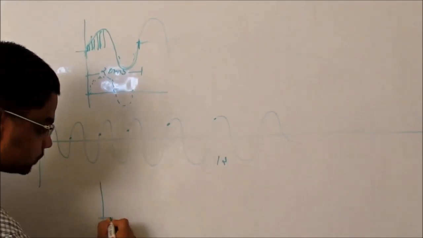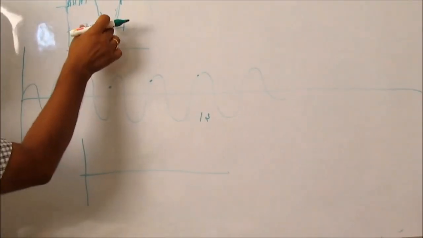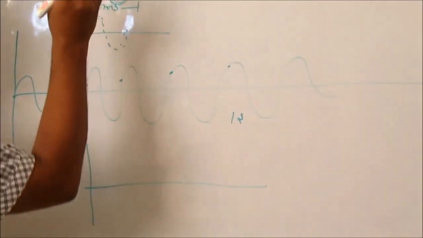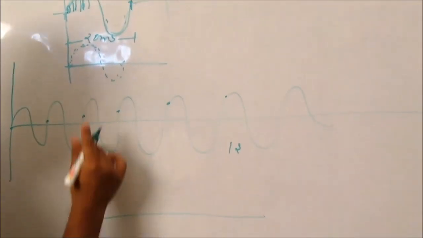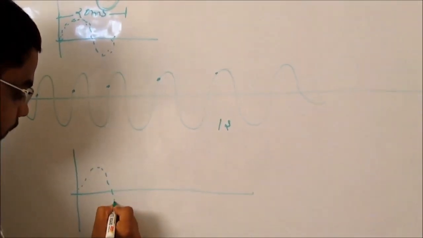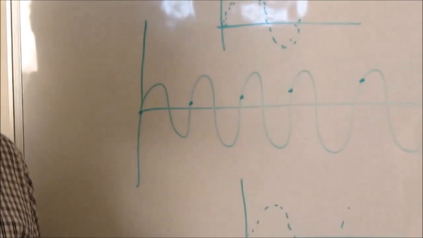I am not getting all these points in 20 milliseconds; I am getting them over 1 second, but I am getting all the points. So I can reconstruct the sine wave and represent it like this. This is our Nyquist sampling theorem.